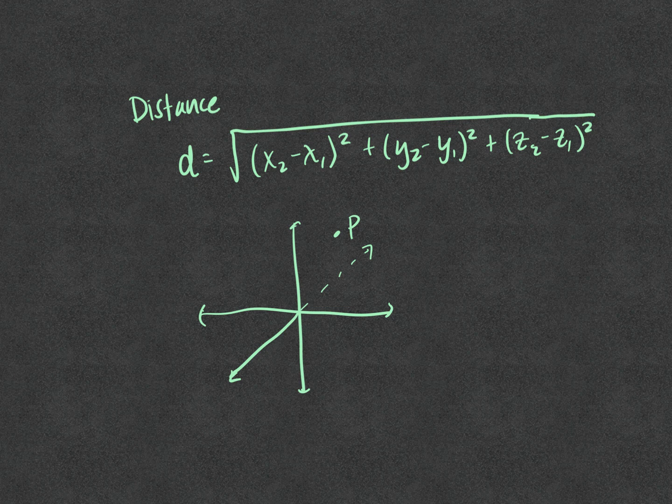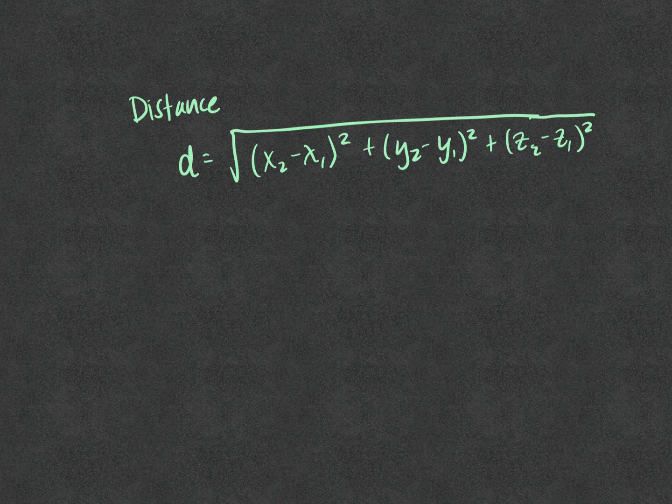And remember, there's a parallelogram between them. I'm sorry, a rectangle, a cube, a box. So the distance formula is easy to prove and easy to see, but you could Google it. I'll let you do that. It's an interesting proof. So now the distance formula works the way you think it should.